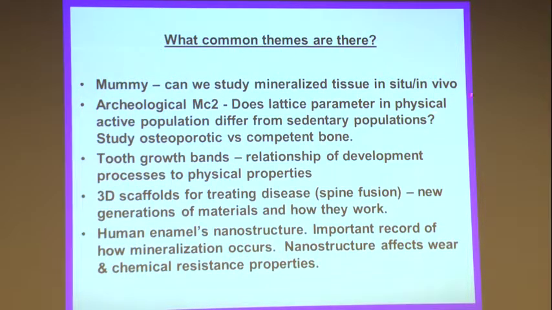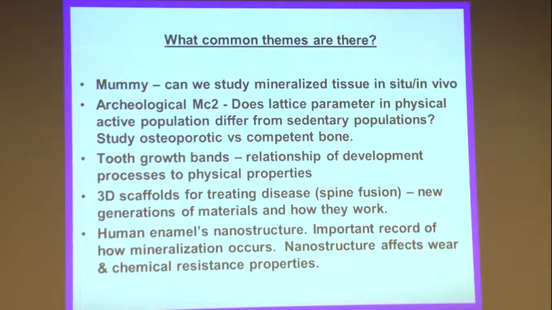And basically, this applies to an in situ, in vivo examination of actual living people, perhaps. Archaeological metacarpal bones: I was interested in whether the lattice parameter, which is a fundamental characteristic of the mineral phase, differs for an active population versus a sedentary, say, modern population. And we wanted to look at osteoporotic versus competent bone.